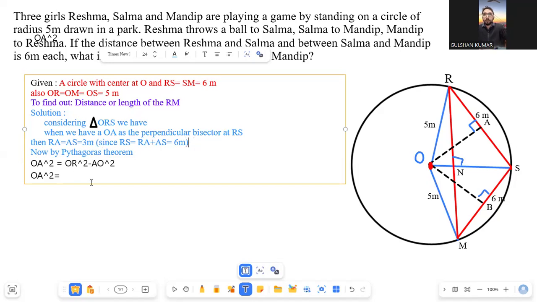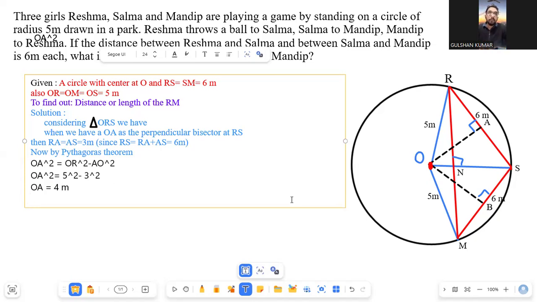Okay, so OR square, that is 5 raised to power 2, minus 3 raised to power 2. Then OA will be 25 minus 9, that is 16, that is 4 meter. Okay, OA will be 4 meter.